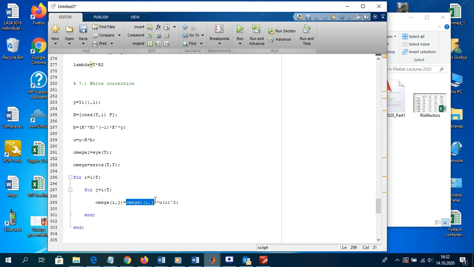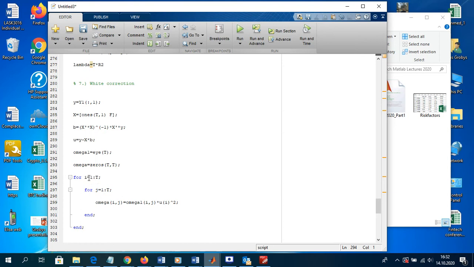So we multiply that 1 by the first element in our residual vector from the standard OLS regression, and square it. This is exactly what we want to have, and it is stored in position 1 1 in our omega matrix.